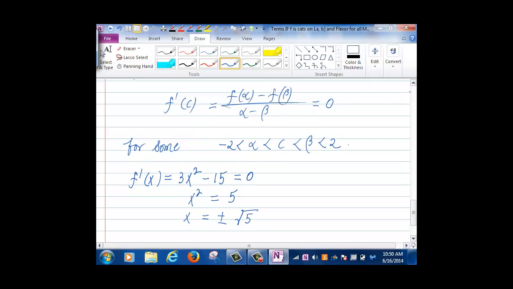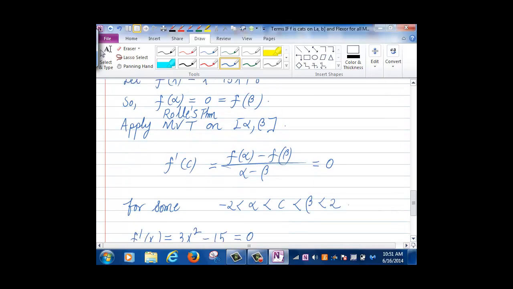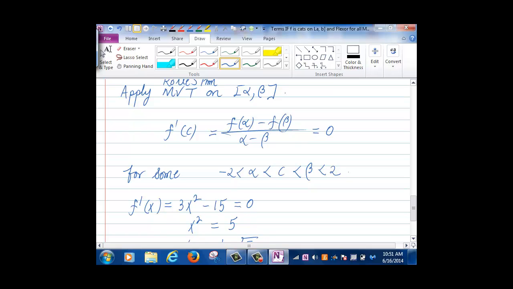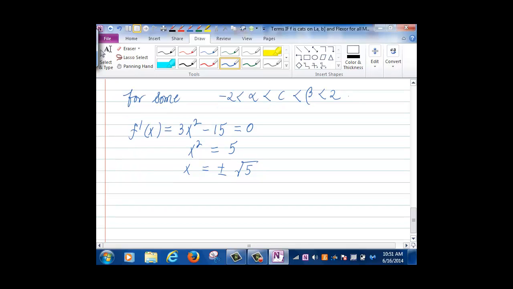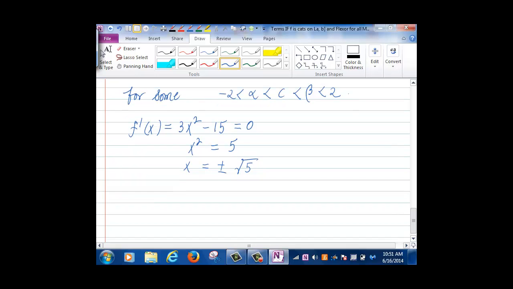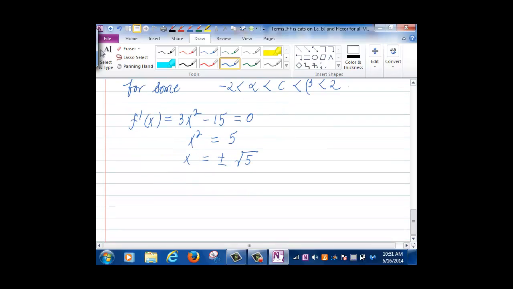Well, the derivative vanishes at plus or minus root 5, and root 5 is bigger than 2. So we see that the derivative cannot vanish between -2 and 2. My assumption that I have two roots led me to the conclusion that the derivative must be 0 between -2 and 2, but that cannot happen because the derivative is 0 only at root 5 and -root 5. And that's a contradiction to my assumption that there are two roots.